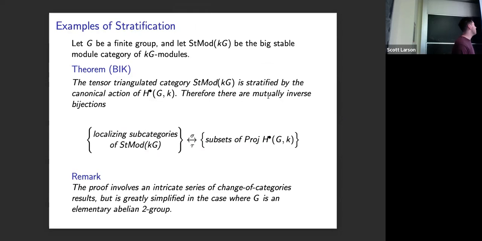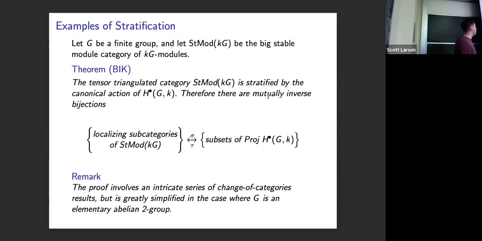Okay, so I have some examples where this is actually known to hold. If you consider the big stable module category of KG modules, this is a TTC, and it's actually stratified by its canonical action via the cohomology ring. So we get bijections here between the localizing subcategories and the subsets of the Proj of the cohomology ring.